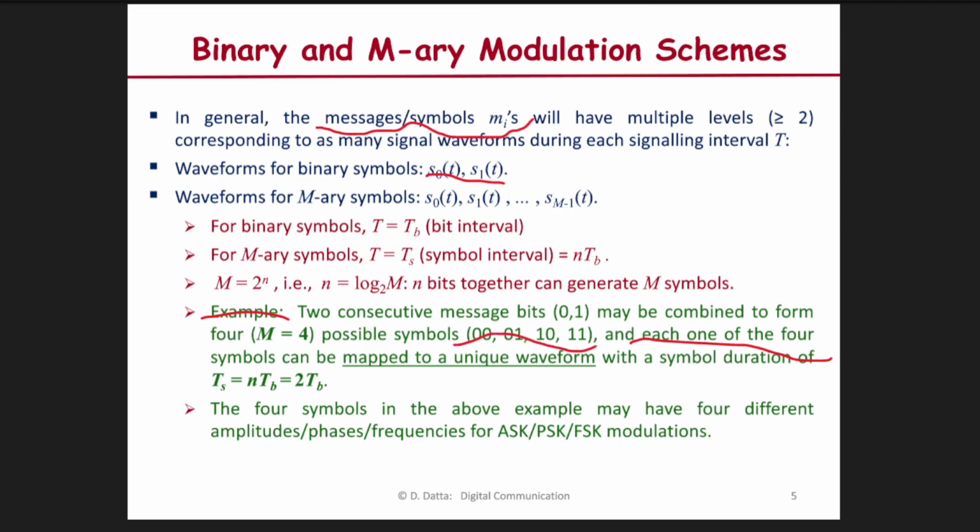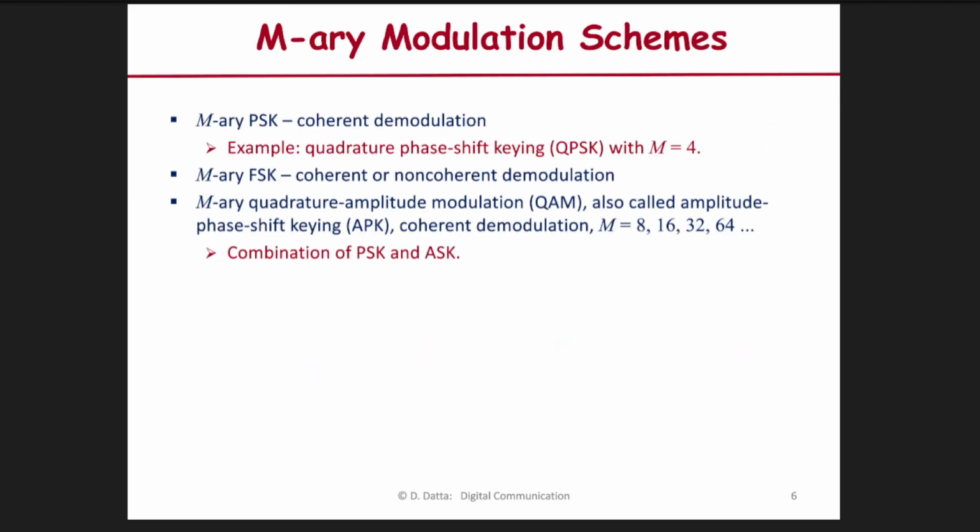Now here each one has a different phase, say phi 1, phi 2, phi 3, phi 4 and so on. Then it becomes QPSK, quadrature phase shift keying. That is, there are 4 phases for the 4 symbols. So this is QPSK with N equal to 4, and therefore how many bits? For each symbol there will be 2 bits, because 2 bits make 4 symbols.